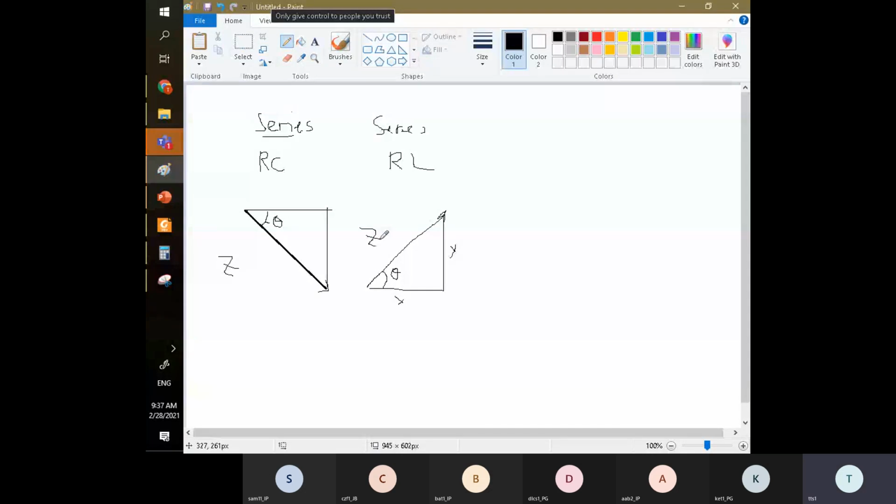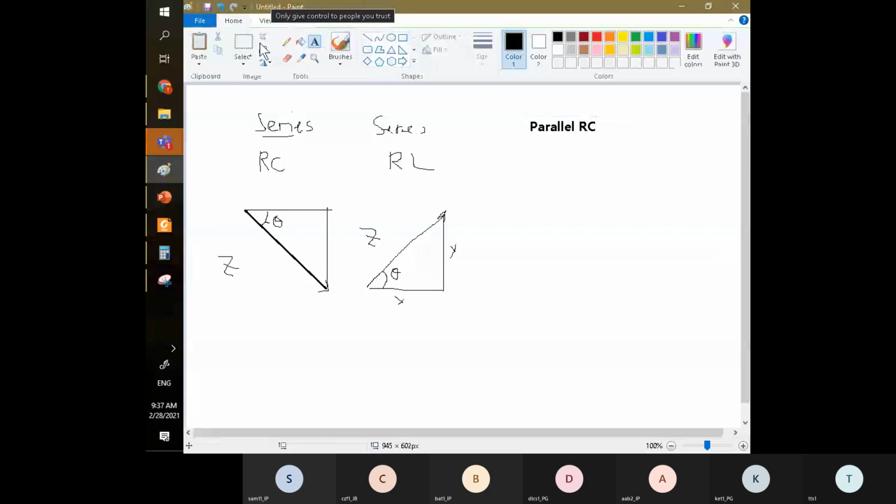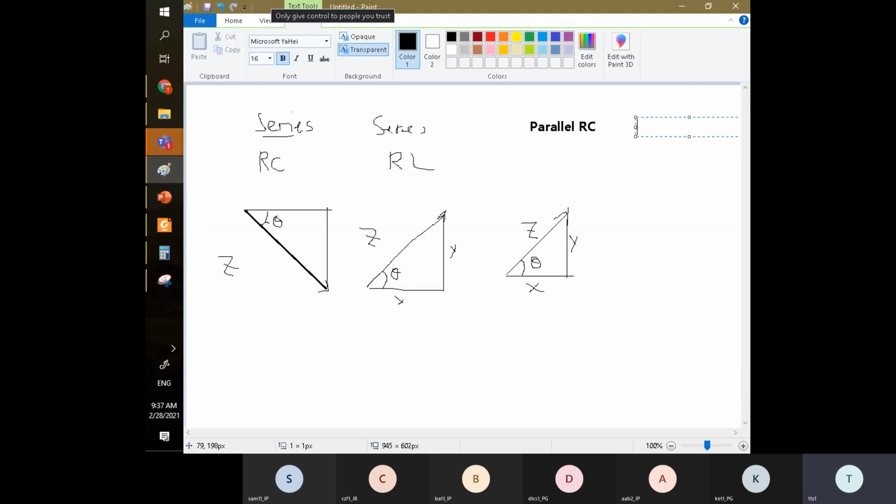For the parallel RC, we get the opposite, a positive. That's why this one separates the series and the parallel. So this is X, here's Y, here's our Z, right? And this one you can also predict.